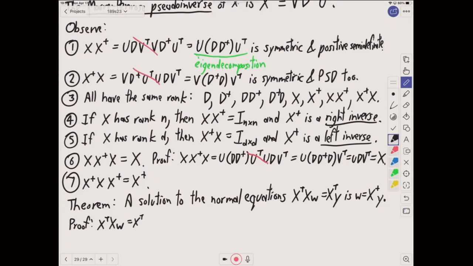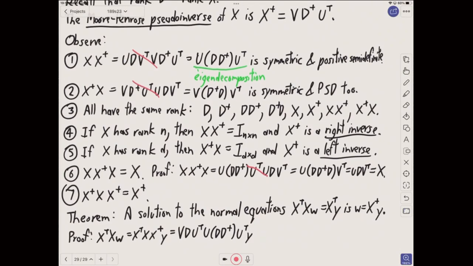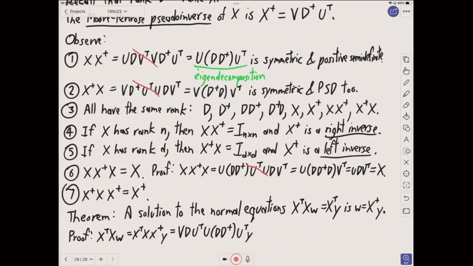I get X transpose X pseudo-inverse y, which is this thing here, and as usual, there's something I can cancel here. And so that simplifies down to this.